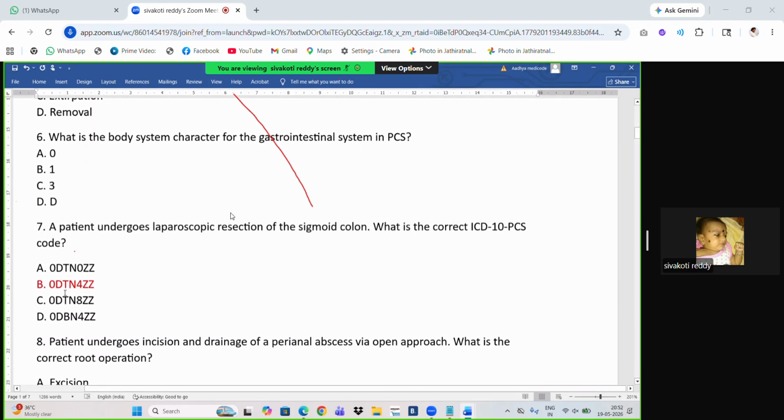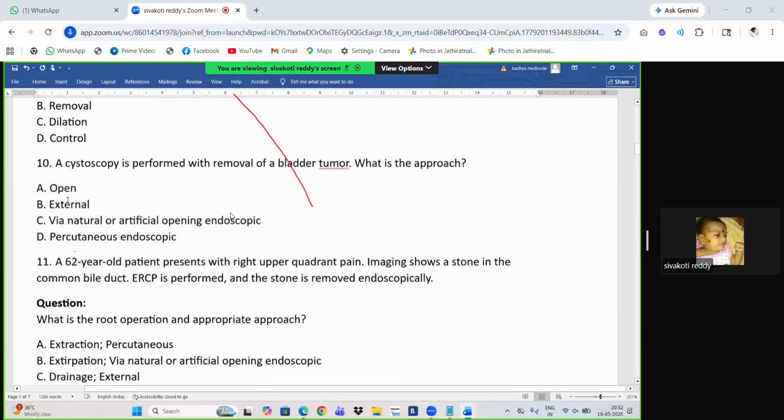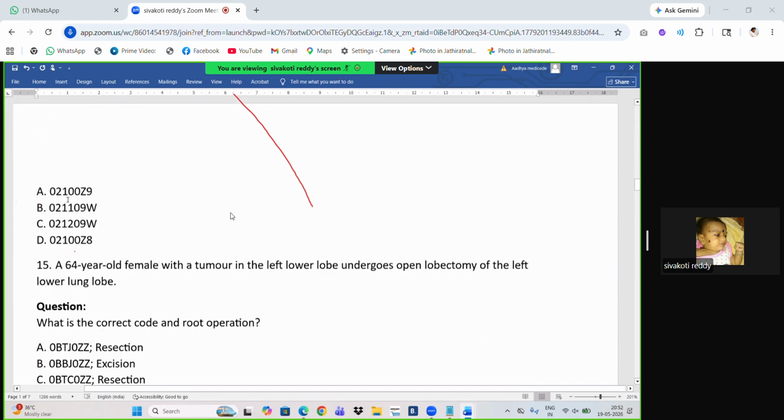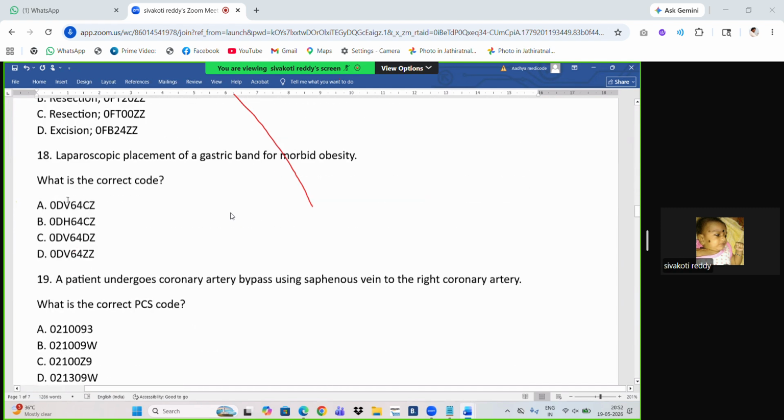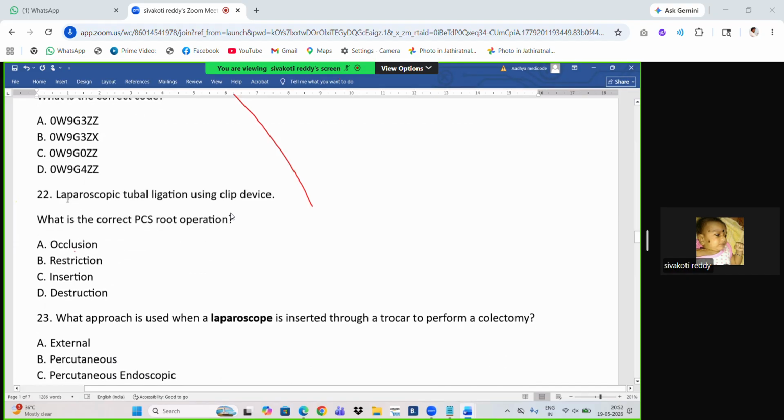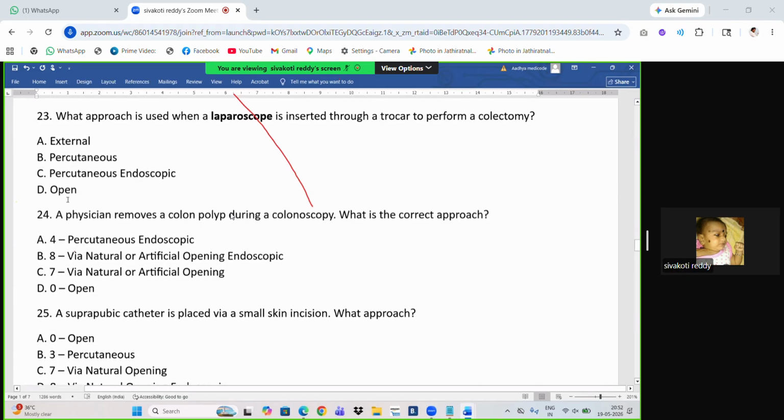Identify the sixth question. D, sir. D. Third question.